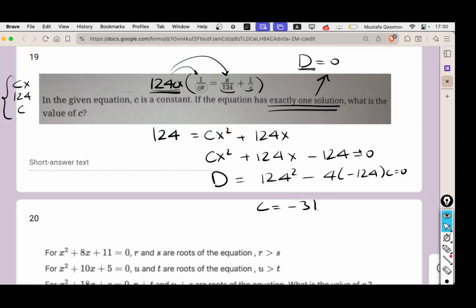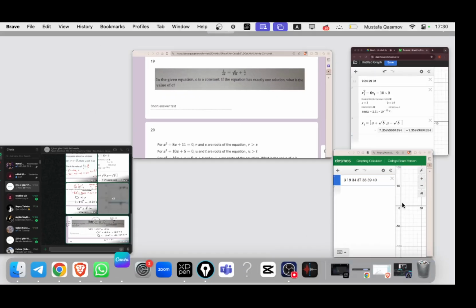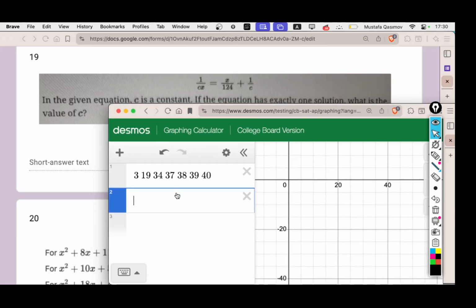Okay, now let's look at the method with Desmos. Again, I prefer Desmos for this question. Look here, 1 over cx is equal to x over 124 plus 1 over c. If you remember, I said that for a number-of-solutions question with a quadratic equation, you have to write y instead of c, and another y here.